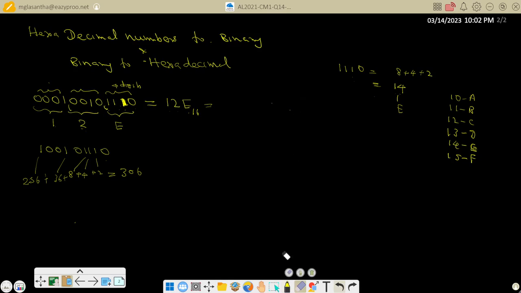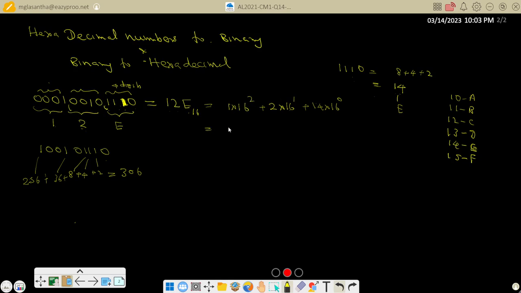You know how to expand this, no? How do you expand it? So E is 14, 14 into 16 to the power of 0 plus 2 into 16 to the power of 1, right? So 1 into 16 to the power of 2.